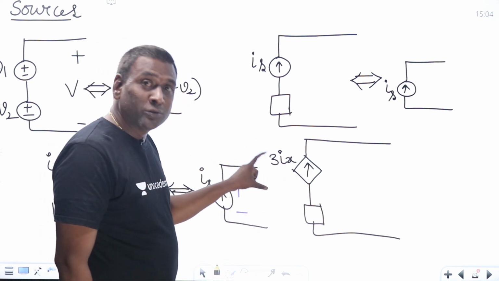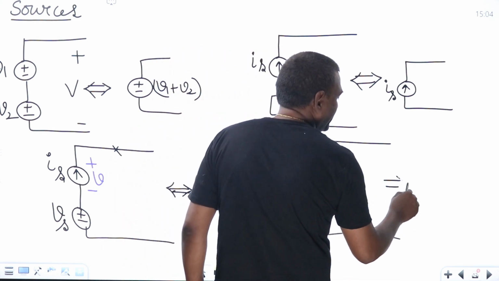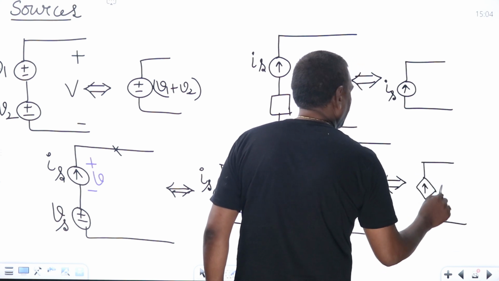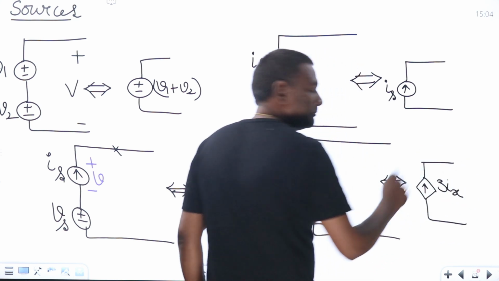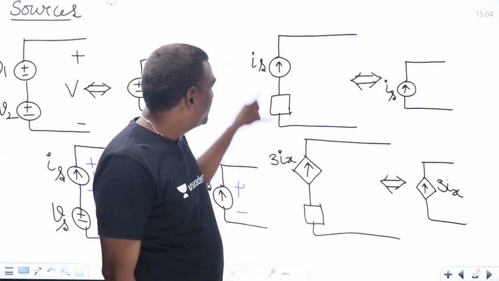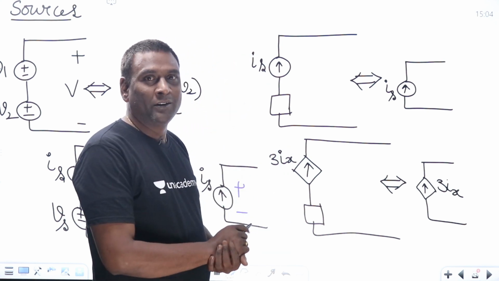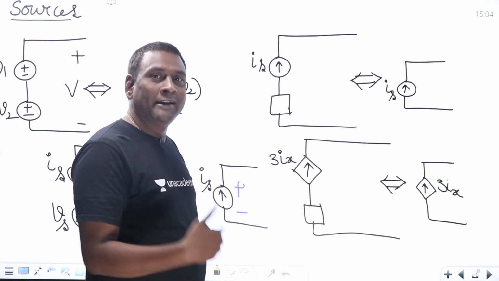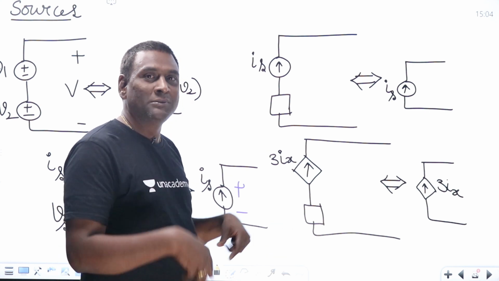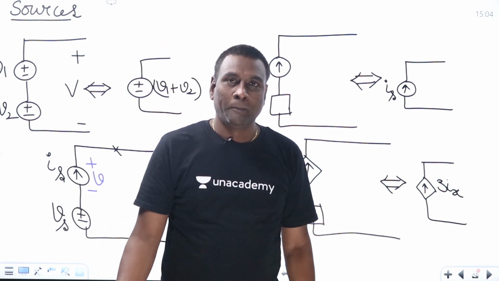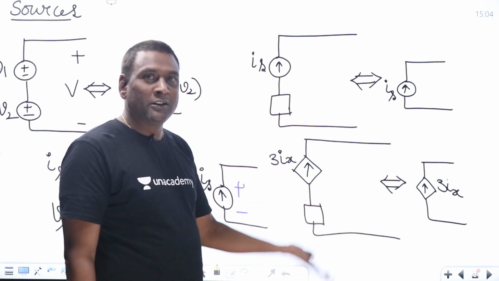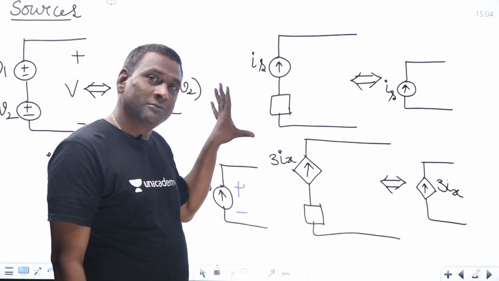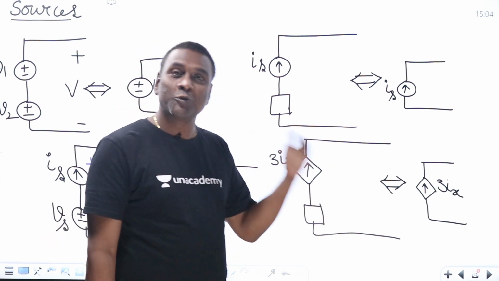In this case also, the equivalent is going to be 3Ix, because this is also an ideal current source. From the starting, if we keep including dependent sources in our analysis, our mind will be ready to accept that, and then it will be easy to solve later. After this session we are about to enter into problems, and these are the basics which have to be there in the mind.